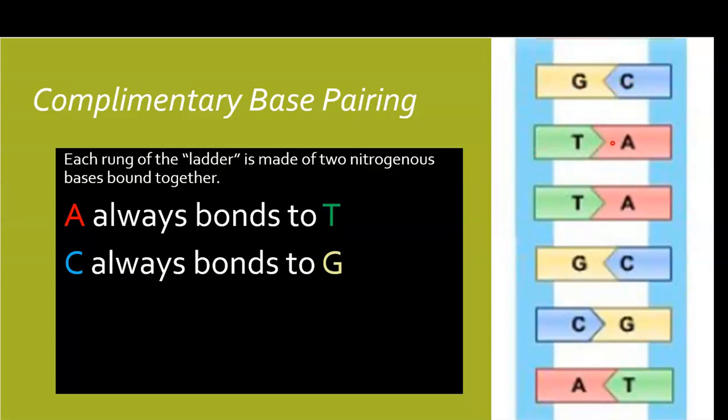Thymine always bonds to adenine. Guanine and cytosine always bond together. Adenine and thymine always bond together. Again, sugar phosphate backbone, nitrogenous base bonded to another nitrogenous base.